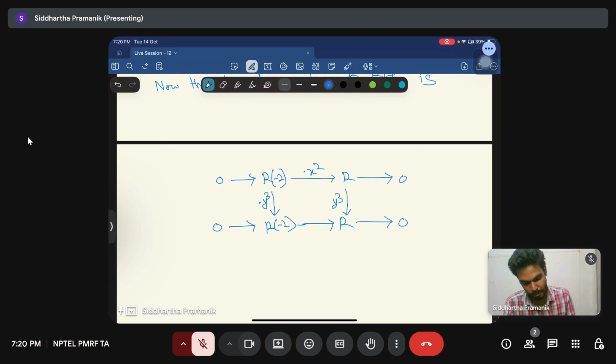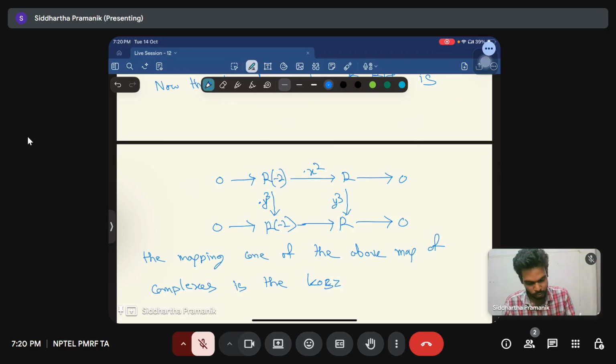So this is the map between complexes, and the mapping cone of this chain map is the Koszul complex of x^2, y^3.